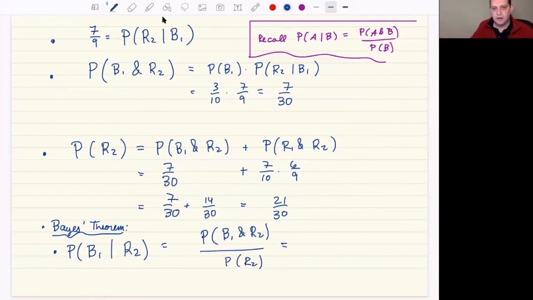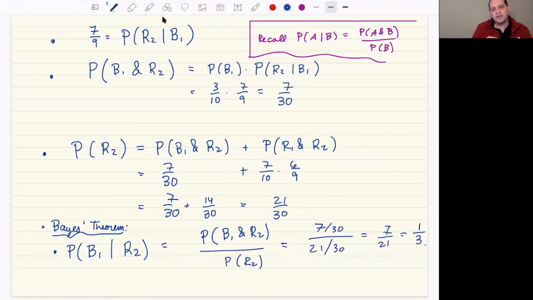Everything is fine. We're going to end up with, let's see, 7 over 30 divided by the probability of R2, which was 21 over 30. And so if we cancel the 30s, this will be 7 over 21, or 1/3. So there's a 1/3 probability that the first ball is blue, given that the second ball is red.